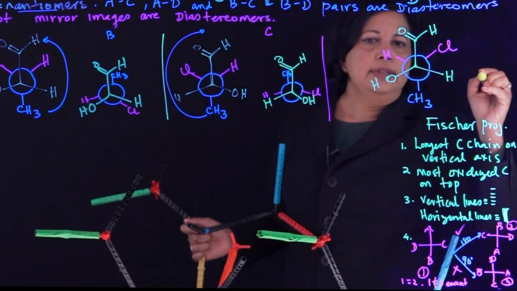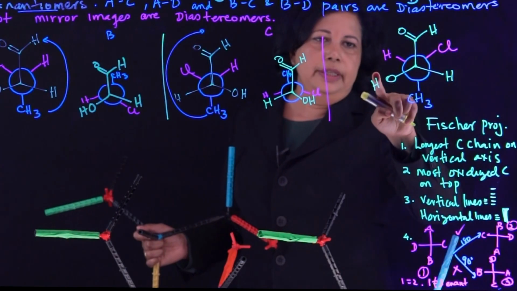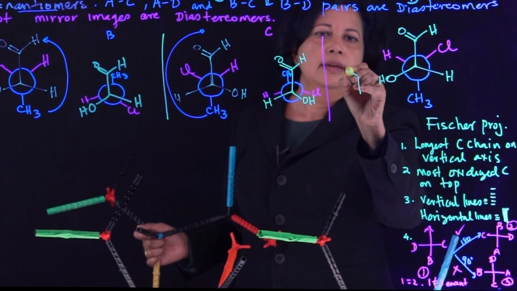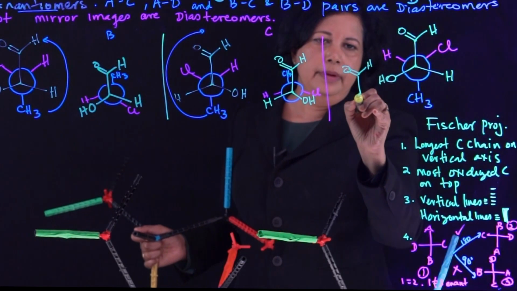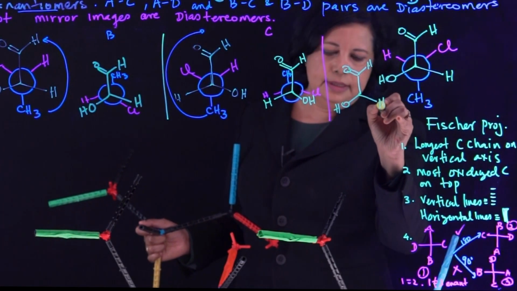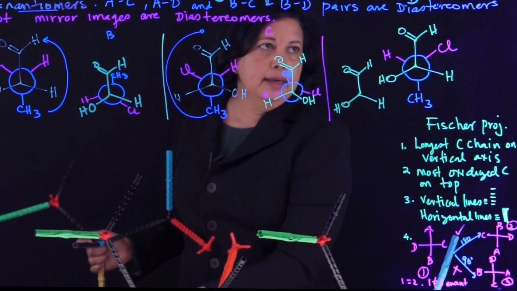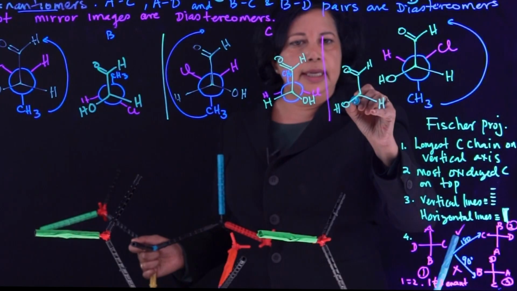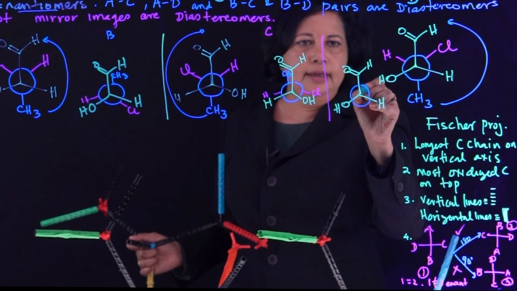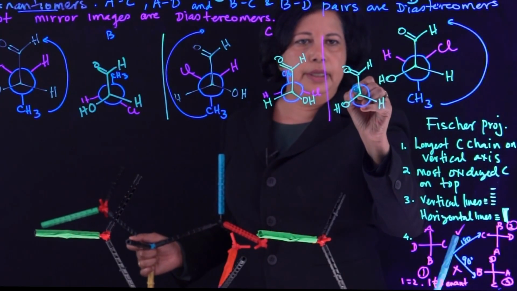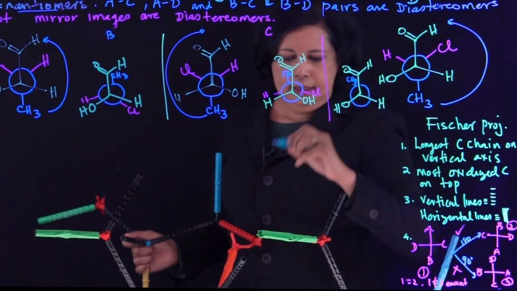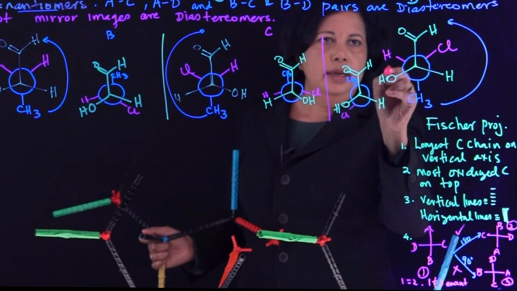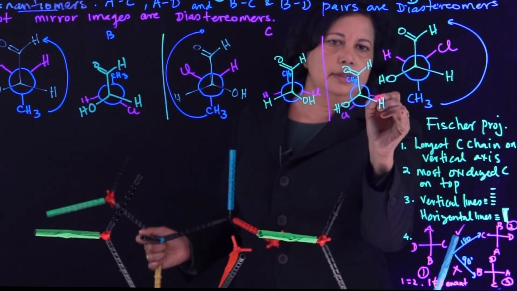you're going to have, I'll draw it over here, guys. So you'll have a hydroxyl in this direction, and the back carbon, if you rotate it like this, everything's going to go 180 degrees, and your methyl is going to be up here parallel to this, and chlorine goes over here, and hydrogen would go 180 parallel to this.